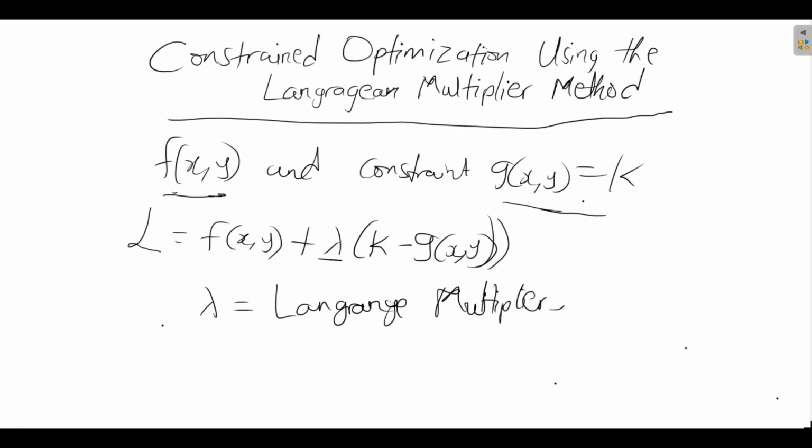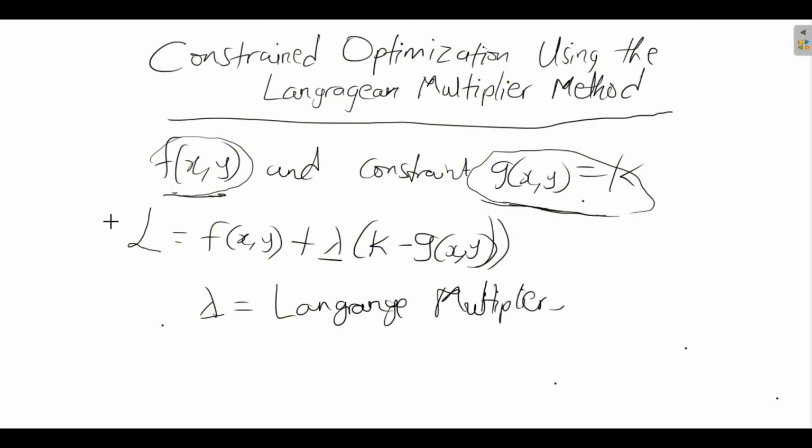This is the interpretation. It measures the change in the optimal function whenever there is a 1 unit change in the budget constraint. So by how much will the objective function change whenever the budget constraint changes by 1 unit? That is what the multiplier tells us.